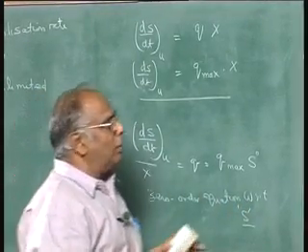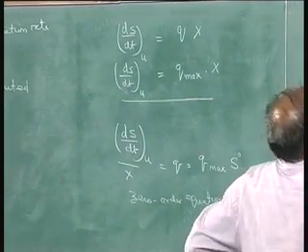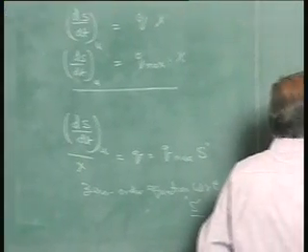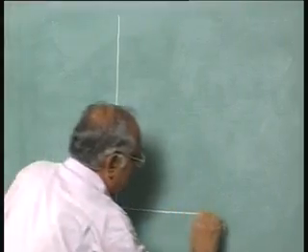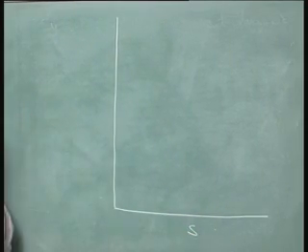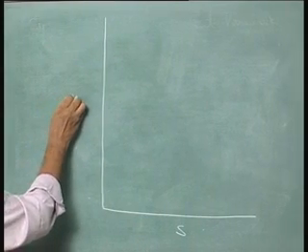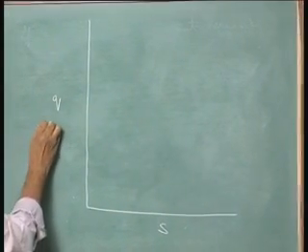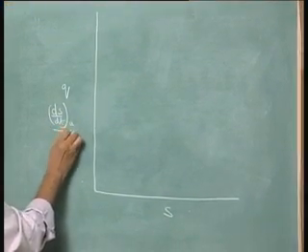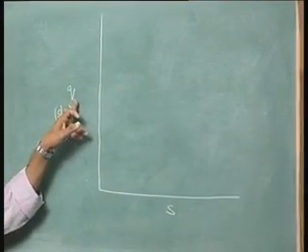So if I make a plot of this particular equation, it is something like this: I plot S here, substrate concentration, and I plot Q here. Q is nothing but ds by dt utilized divided by x, the specific substrate utilization rate.